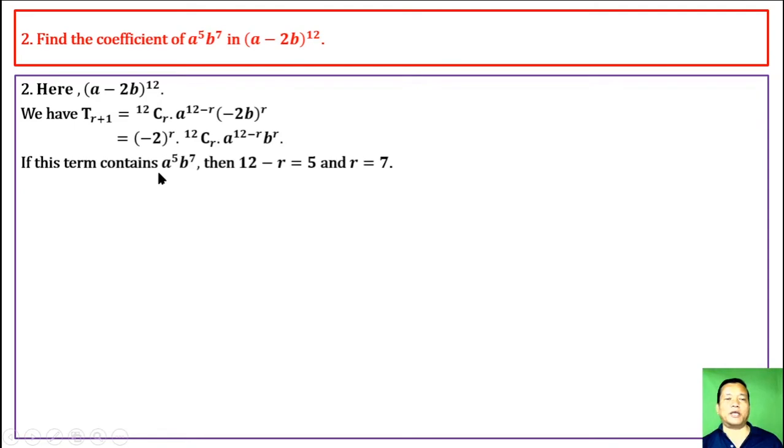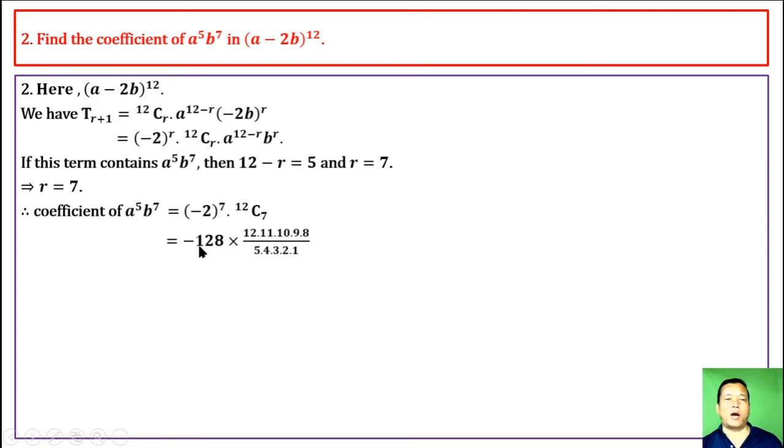If this term contains a to the power 5 into b to the power 7, then 12 minus r equals 5 and r equals 7. Solving, we get r equal to 7. Therefore, the coefficient of a to the power 5 into b to the power 7 is (minus 2) to the power 7 into 12C7. Evaluating, we get minus 128 into 792, that is minus 101376.